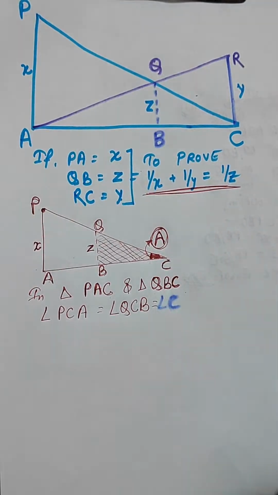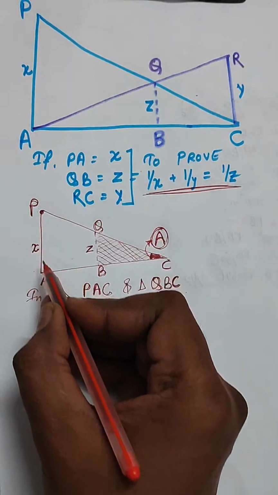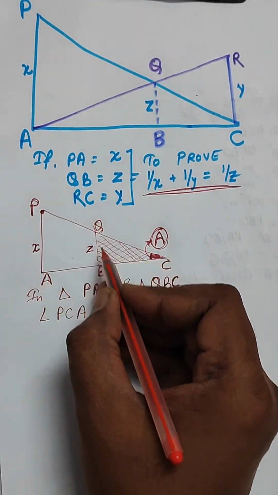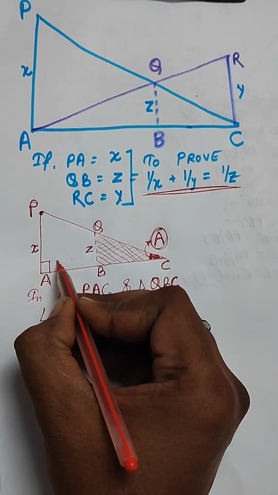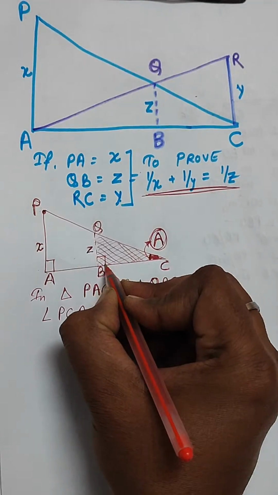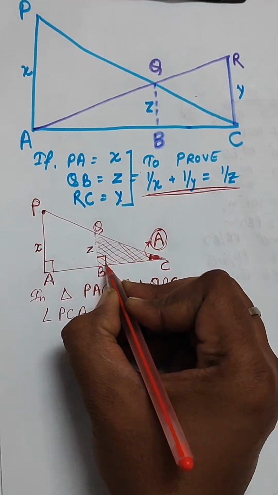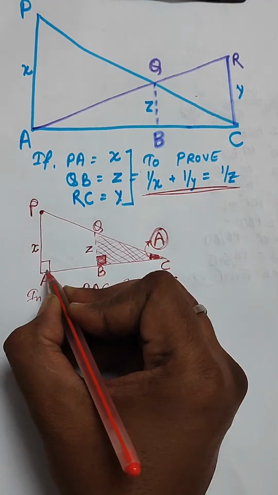Another one: PA is standing erect, QB is standing erect, so we can see that this angle is 90 degrees. Similarly, in the smaller triangle, this angle is 90 degrees, right?